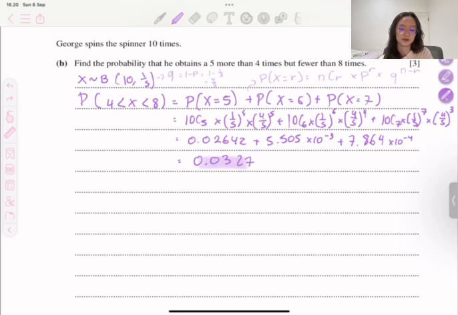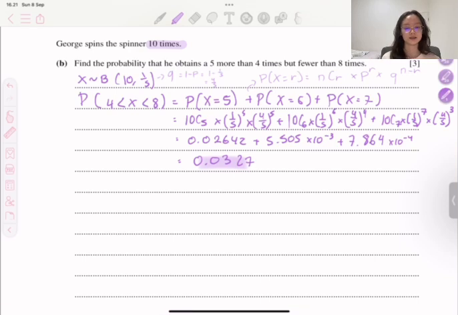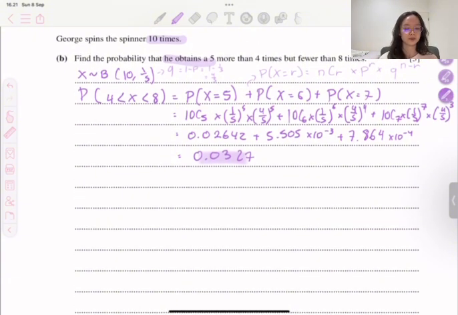George spins the spinner 10 times, so 10 is the number of trials. The probability of success is the same as earlier, 1/5, because he wants to obtain a 5. So the value of q is 1 minus p, so 1 minus 1/5 equals 4/5. It's the same as earlier.